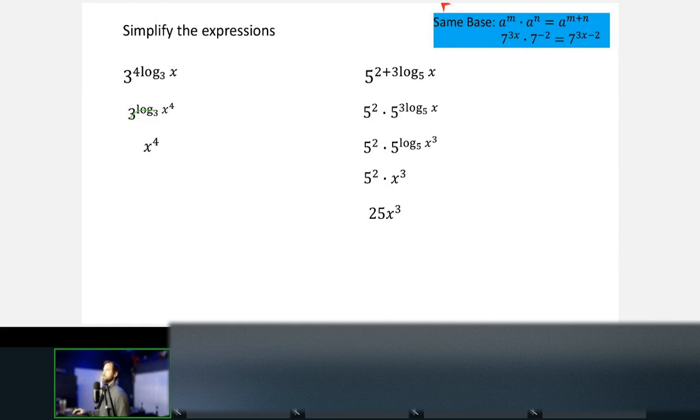So let me show you another example with maybe just numbers. So for example, I can have maybe 3 to the, I don't know, 8th power. And for whatever reason, if you wanted to separate that, we can have 3 squared times 3 to the 6th. Because isn't 6 plus 2 still 8?